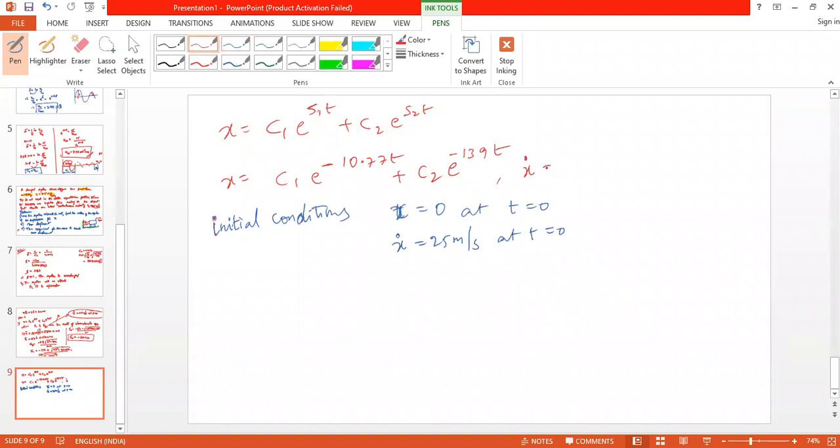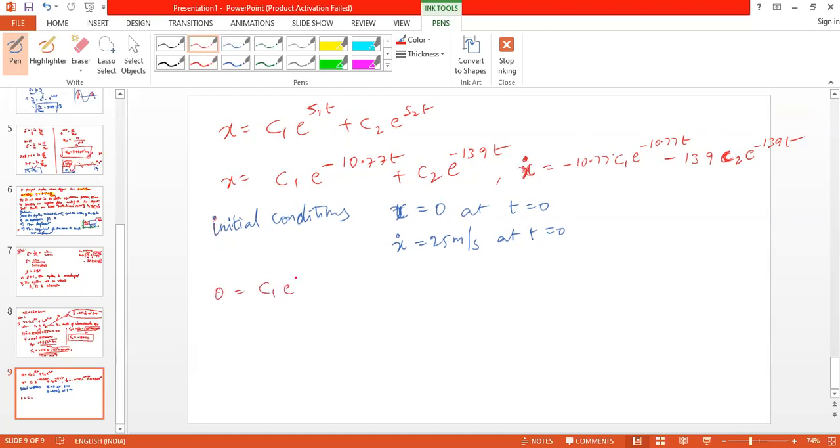So this is x, and similarly, can I write an expression for x dot? The x is this, and x dot is minus 10.77 C1 e power minus 10.77t minus 139 C2 e power minus 139t. Now I need to substitute the initial conditions.